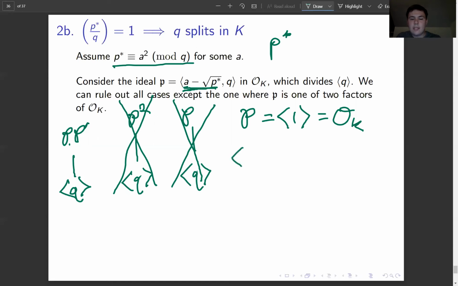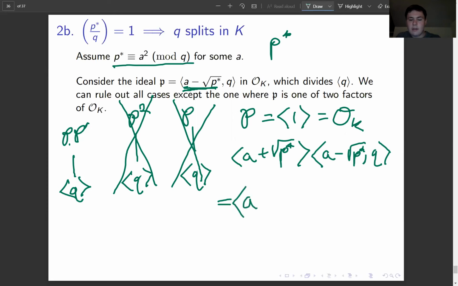In particular, consider the ideal generated by A plus root P star. We're going to multiply it by our ideal P, which is A minus root P star and Q as its generators, distributing this multiplication to those generators. What we get as the first generator is A squared minus P star, and as the second, Q times A plus root P star.